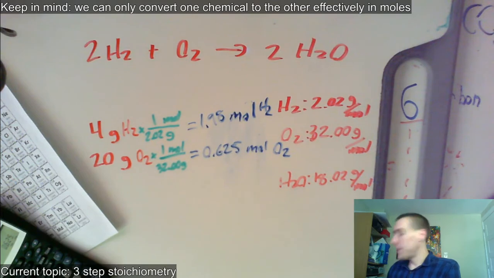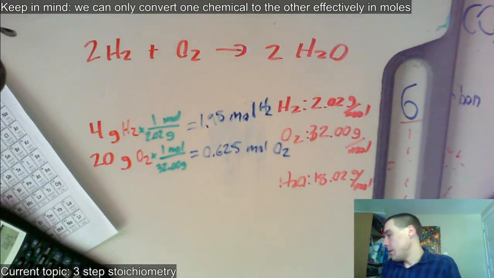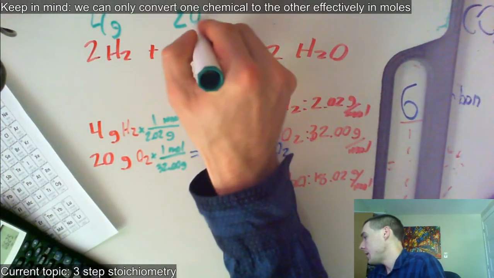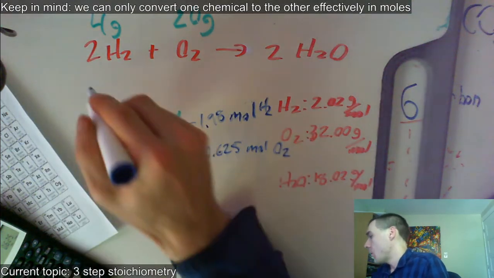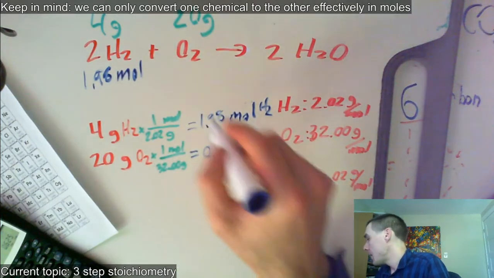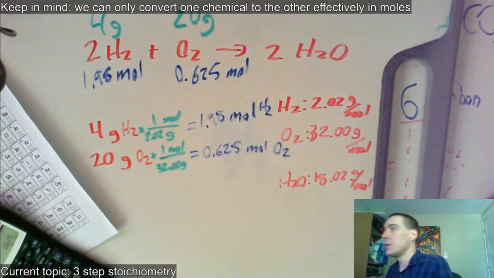So that's our first step, figuring out how many moles of each of these we have. From our 4 grams of this stuff and our 20 grams of this stuff, we found out that we have 1.98 moles of H2 and 0.625 moles of O2.